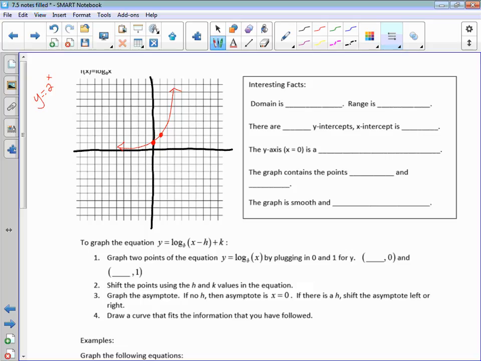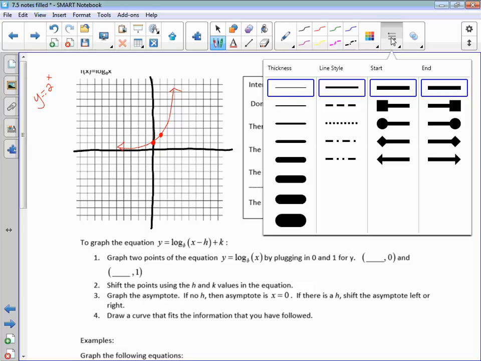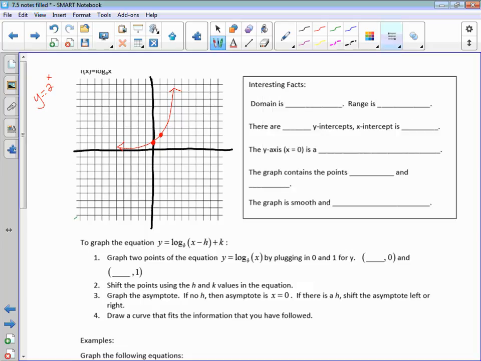Logarithms and exponentials are inverses of each other. What does it mean to be inverses? Okay, you switch your x and your y. What about graphically? What does it mean when things are inverses? Reflect over y equals x. So if I think about the line y equals x, I'm just mentally have that in there.